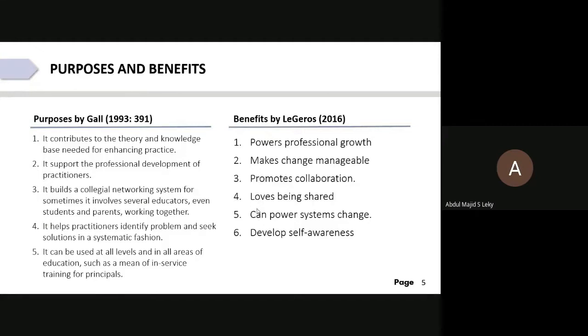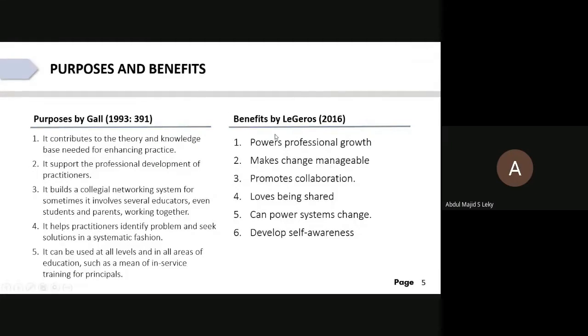It needs some methodology to identify problems and seek solutions. That's why we call it action research. And number five, it can be used at all levels and in all areas of education, such as a means of in-service training for principals. So we can do classroom action research even in in-service training for principals.